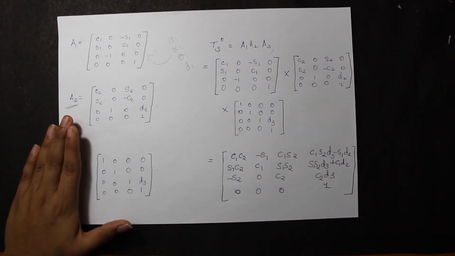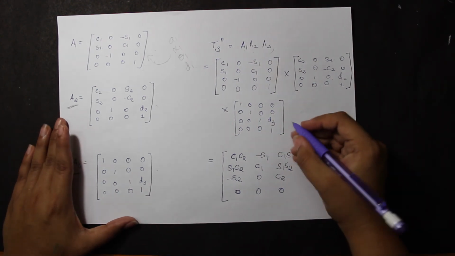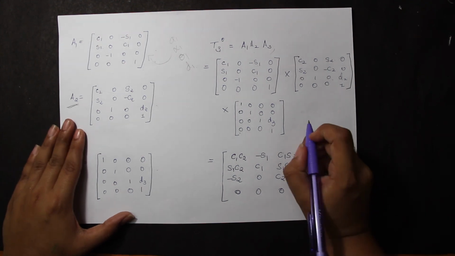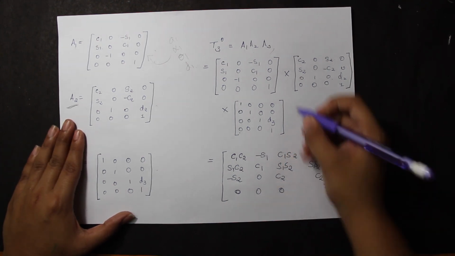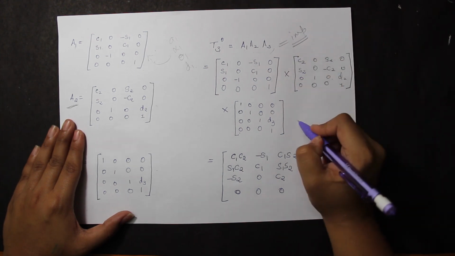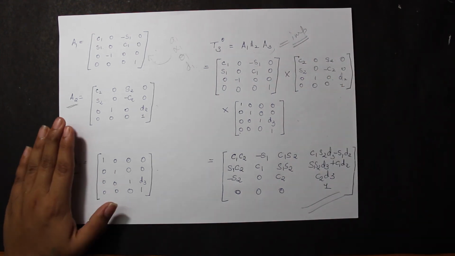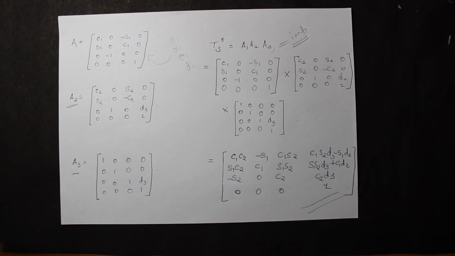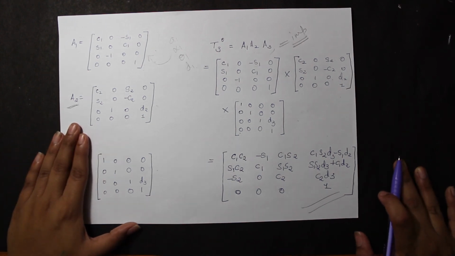Why so? I've already explained this. Please go back and understand that concept really well. It's really important. So we'll multiply all 3 matrices and come up to something like this matrix. This matrix is your DH convention for the Stanford manipulator.